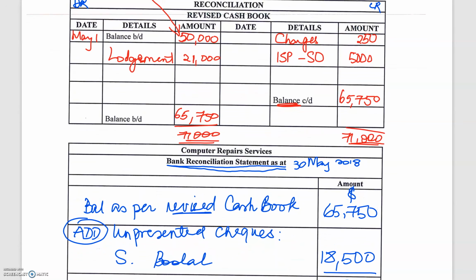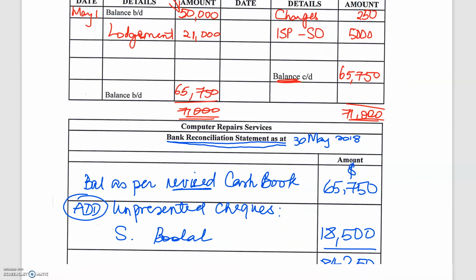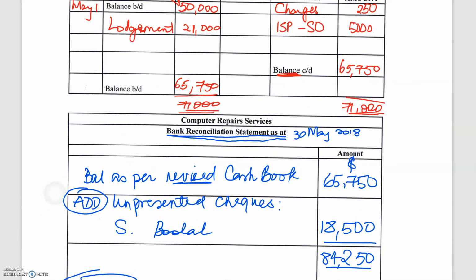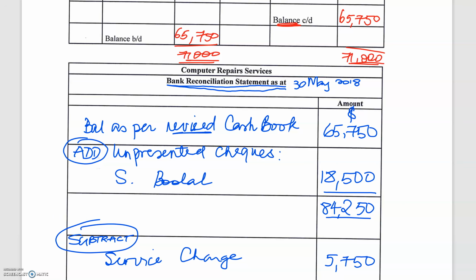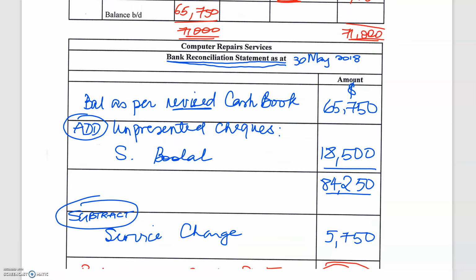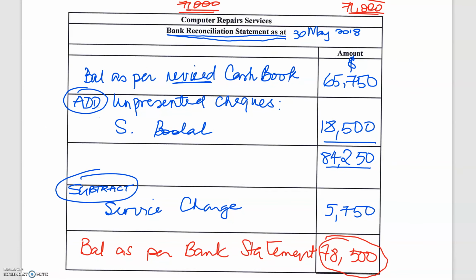In this case, our unpresented checks would be represented by that credit of $18,500, S. Bulal, and that gives us a total of $84,250. We subtract the service charge of $5,750, and that should give us our balance as per bank statement.